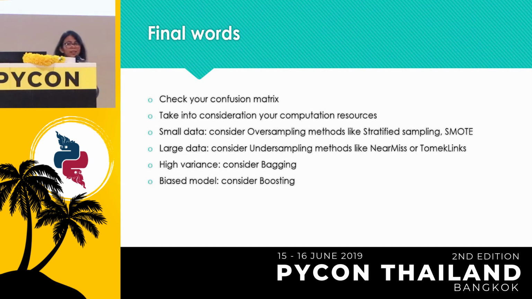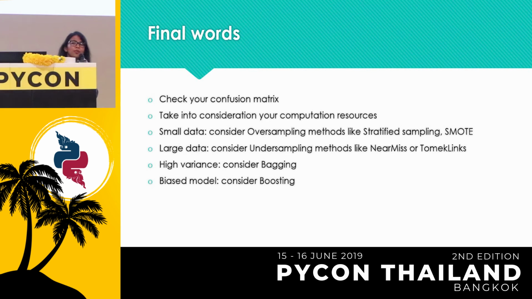First, you always have to check your confusion matrix. That will be the first step. Go into the data, and then we have to consider the computing resources as well. That's very important, especially with deep learning, because computation is expensive.